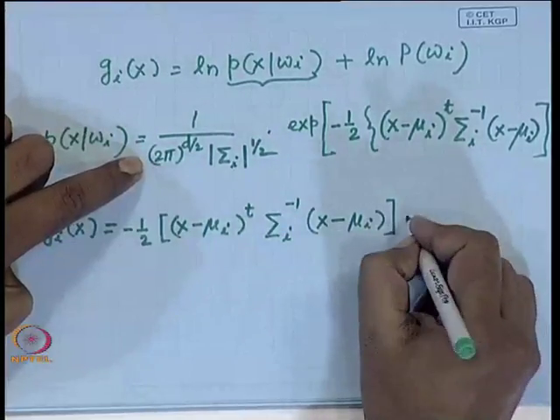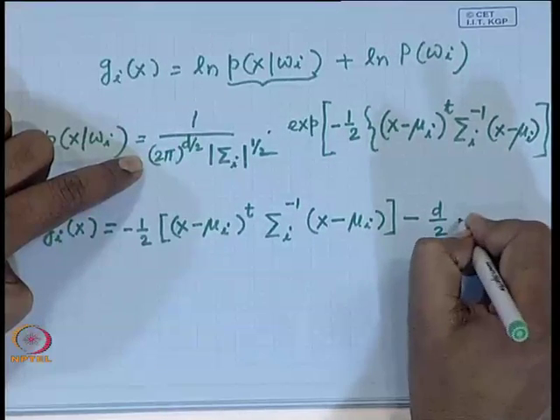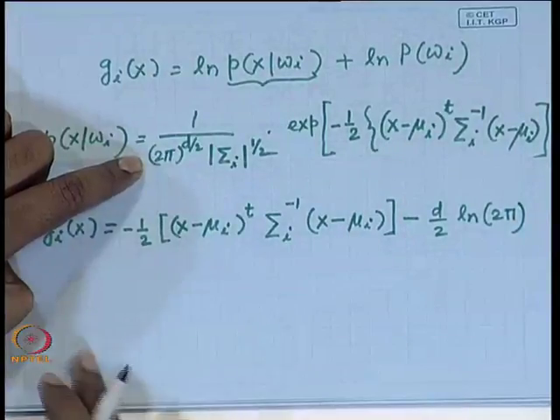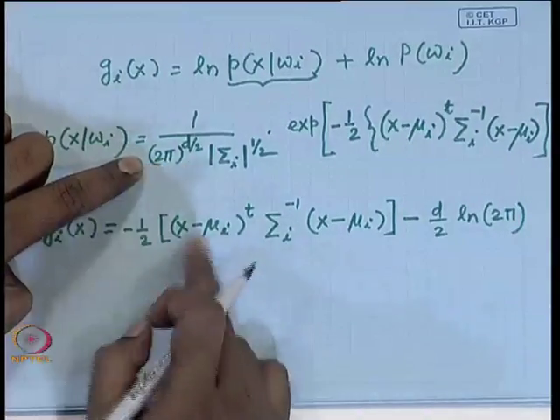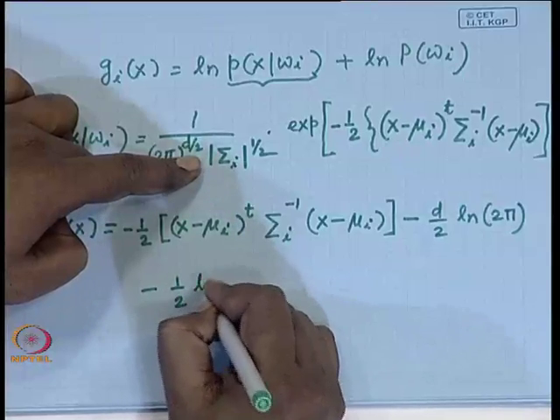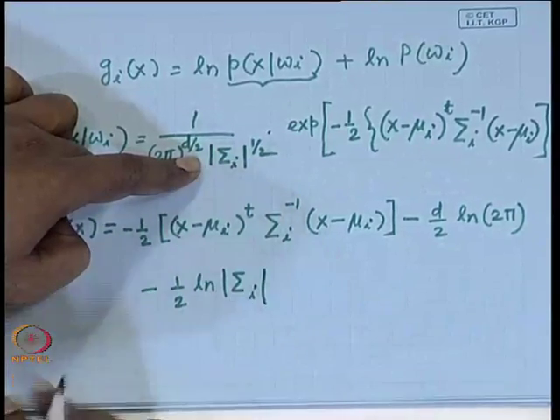This becomes minus d by 2 log of 2 pi. This term becomes minus half log of determinant of sigma_i.